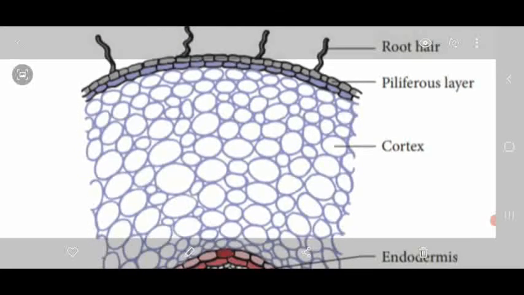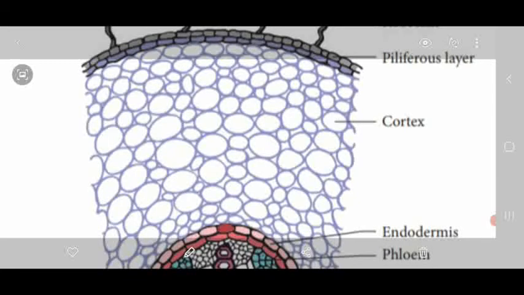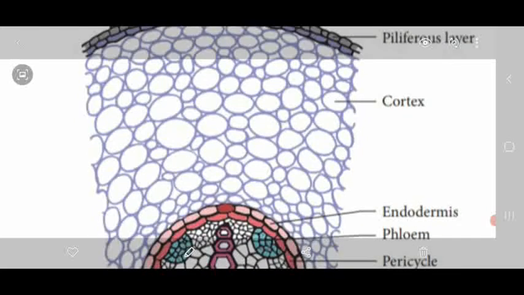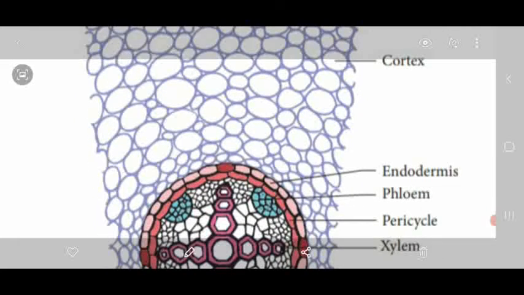Inner to the epidermis, many layers which are large constitute the cortex region, which is made up of parenchymatous cells. Between the cells, there are a lot of gaps, intercellular spaces, air spaces. So the function of the cortex is storage. It stores food material and watery substances.